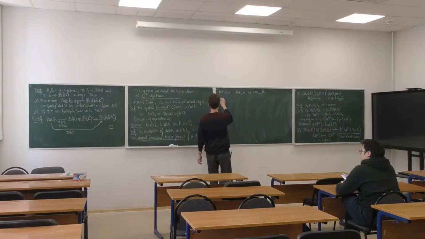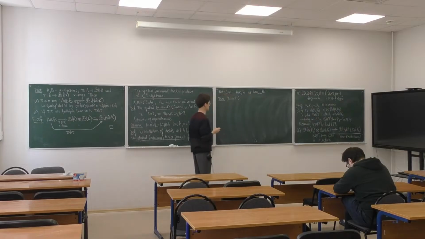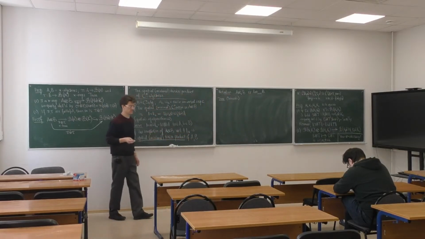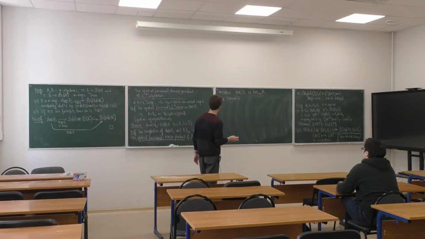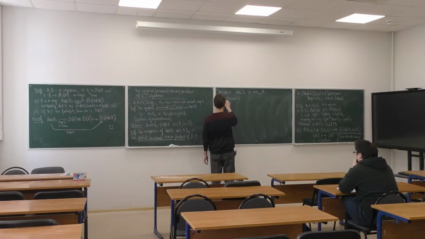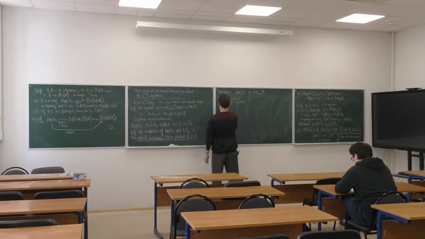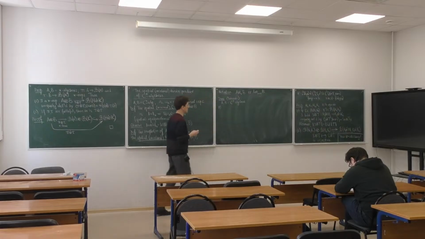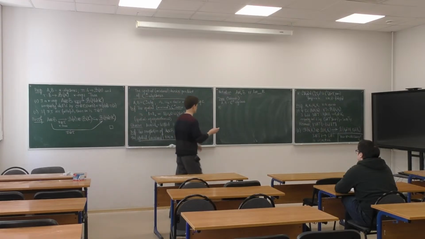However, we have the following important result due to Takesaki. By the way, the foundations of the theory of tensor products of C-star algebras were essentially created by Takesaki in the 1960s. So suppose we have two C-star algebras, A and B. Then, first of all, we have the following alternative formula for the minimal or spatial C-star tensor norm.